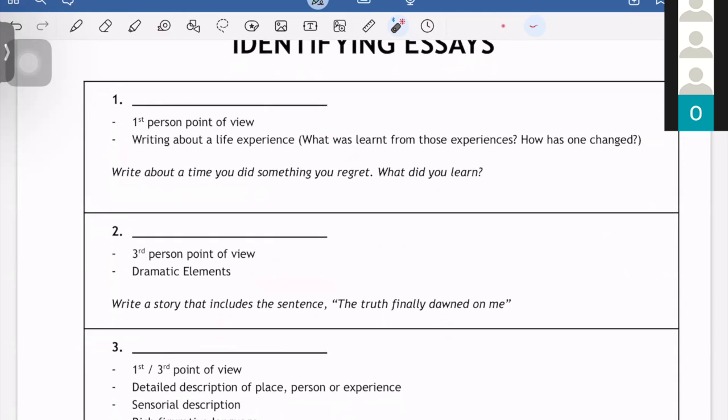Number one is a first person point of view. So you're writing about a life experience, what you learned from it, how has one changed. An example of this would be writing about a time you did something you regret. What did you learn? Any of you know what essay this is?